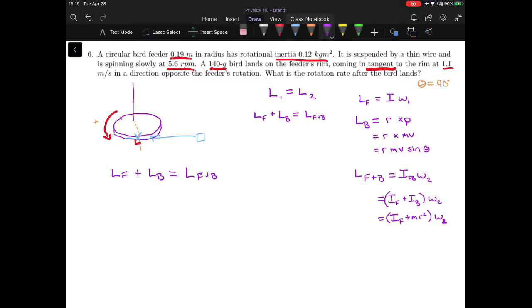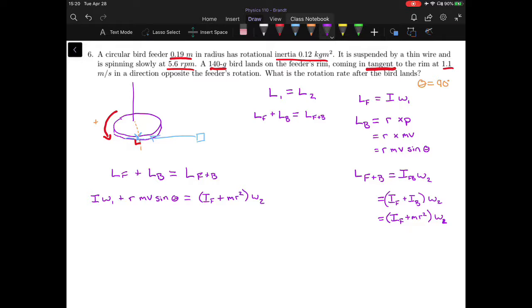Well, when we combine these, we get I times omega 1 plus r m v sine of theta equals (I_F plus m r squared) times omega 2. Now, the only thing that we have left is to make sure that everything is in the right units, and then we can just plug all of our numbers in and solve for omega final.